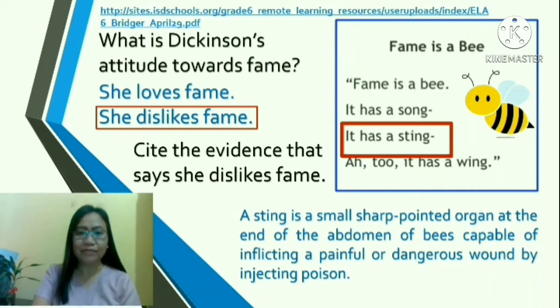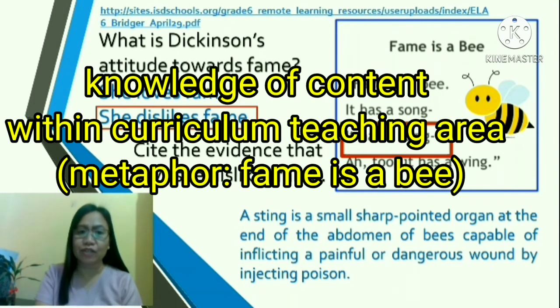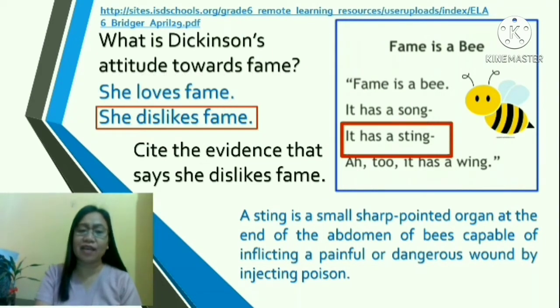So the use of the word sting shows pain and danger. So for the poet, she seemed like saying that fame is dangerous. And of course, this is true to people whose selfishness dominates their motives. That's why Emily Dickinson doesn't like fame.